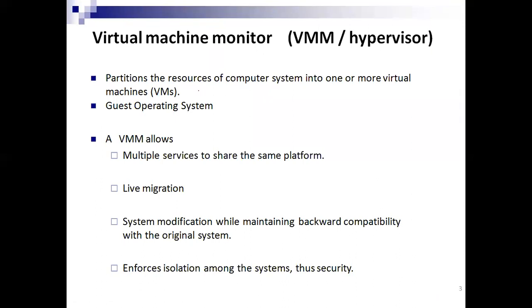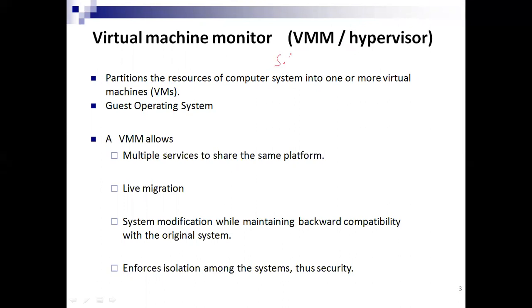First, we'll see the virtual machine monitor, that is VMM. What do you mean by virtual machine monitor? A virtual machine monitor is also called a hypervisor. Remember, a virtual machine monitor is a software.